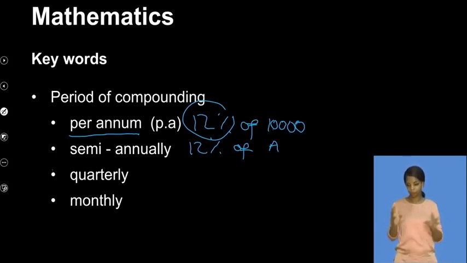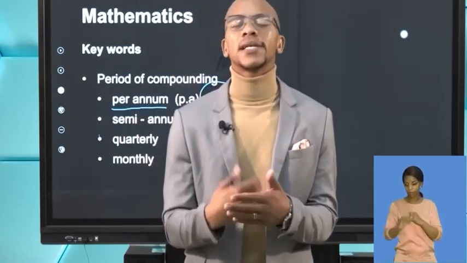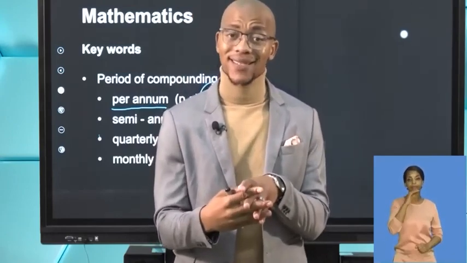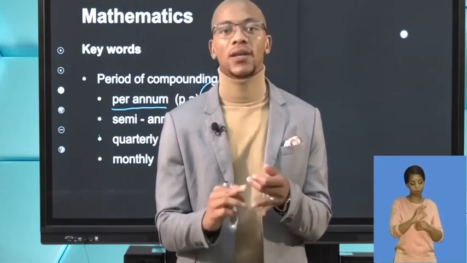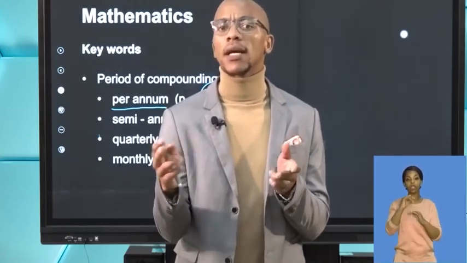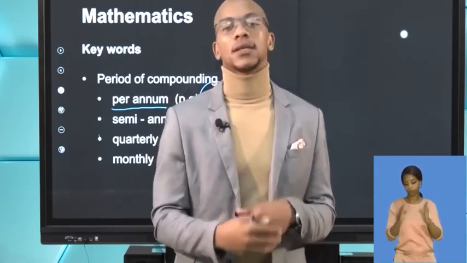And then we also have compounded quarterly, which I just explained now, but just remember as well, it has to do with how many quarters I have in a year, and I'm getting interest every 3 months, right, in a year. So that means I have 4 quarters in a year. So at the end of March, at the end of June, at the end of September, and then December, like that.